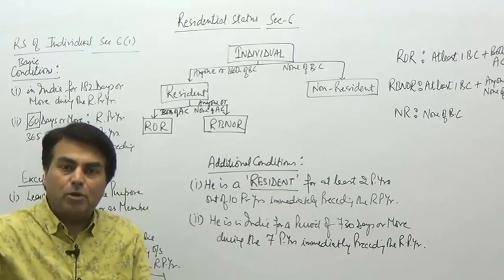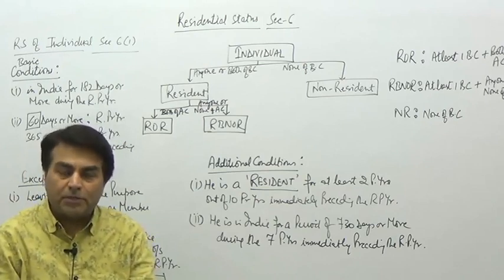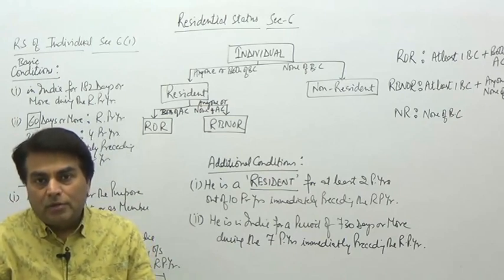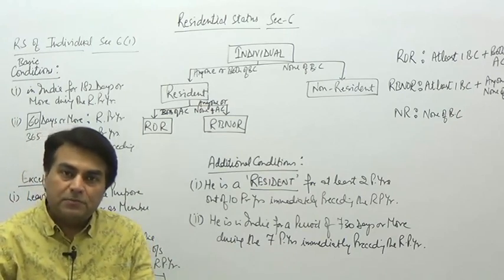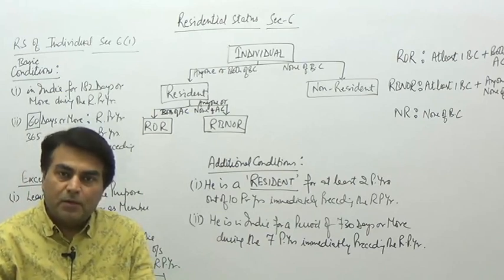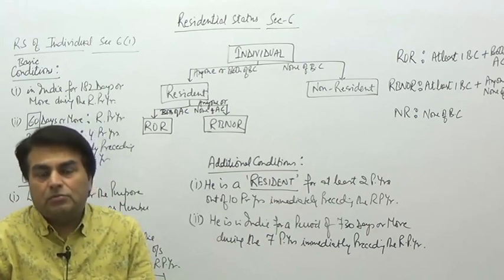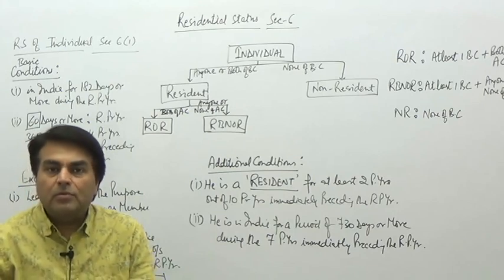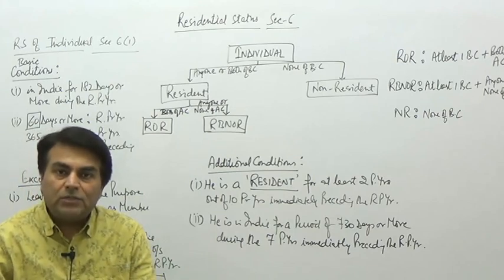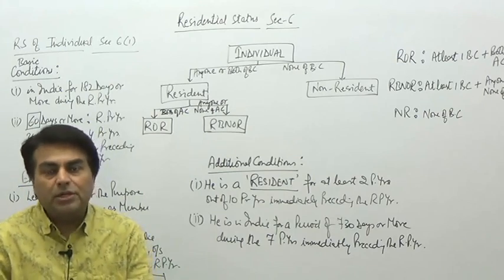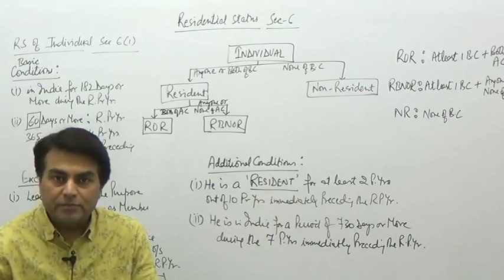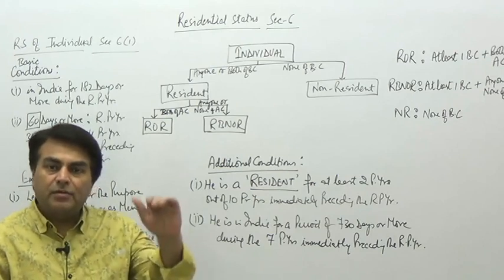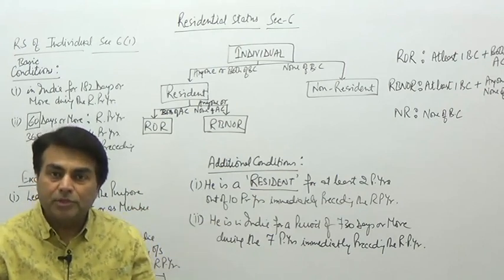But if by applying the basic conditions we observe that he is satisfying at least one of them, he would become a resident. The first level is over.